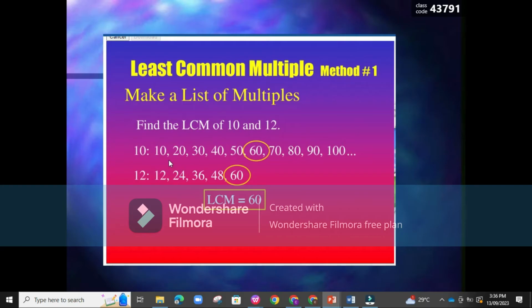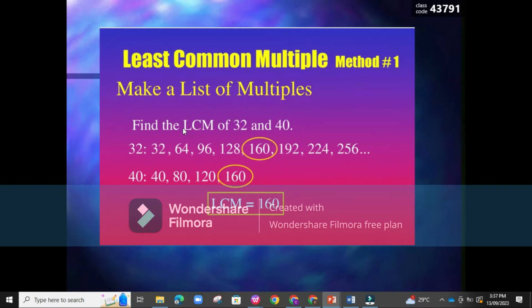For 10, we have 10, 20, 30, 40, 50, 60, 70, 80, 90, 100. For 12, using the listing method, we have 12, 24, 36, 48, 60. You stop at 60 because you've noticed you also have 60 in the multiples of 10. Therefore, the LCM, or the least common multiple, is 60.